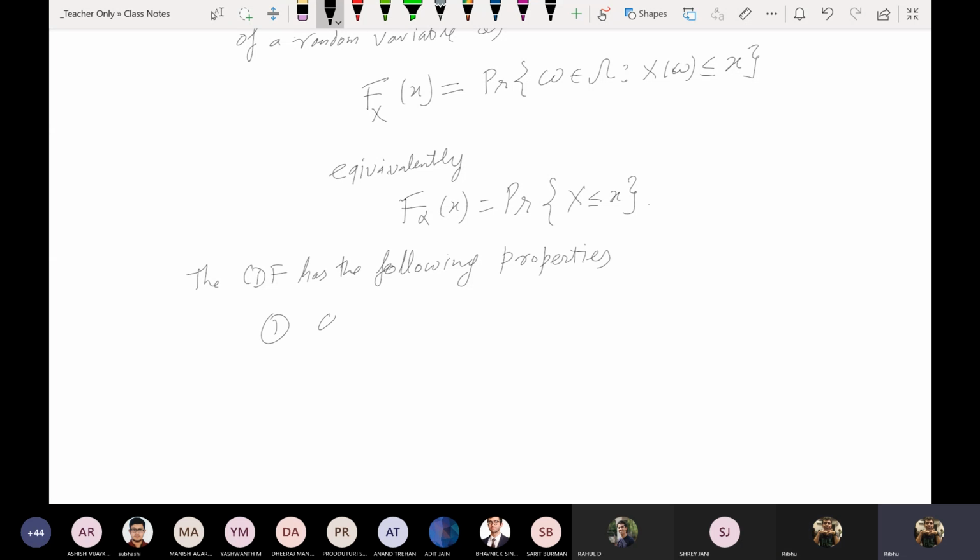One, again, two, which is a non-decreasing function. Three, limit x tends to infinity F_X of x equals 1.